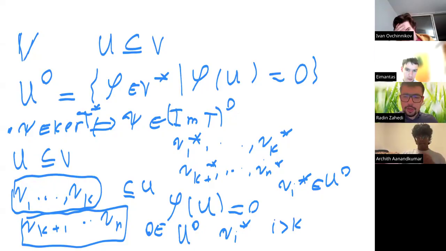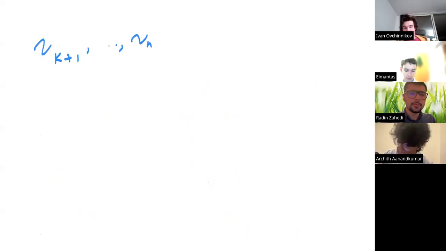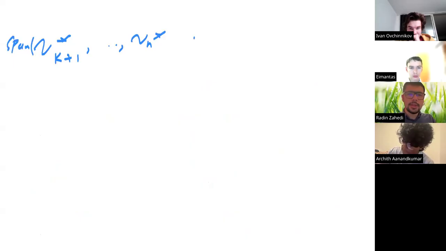So each vi star is in the annihilator of U for i bigger than k. Obviously, their span is also in the U annihilator. So the whole subspace spanned by vk plus 1 up to vn star is in the annihilator.